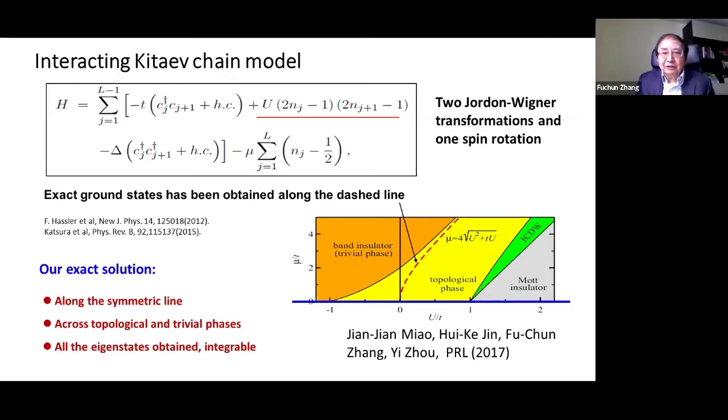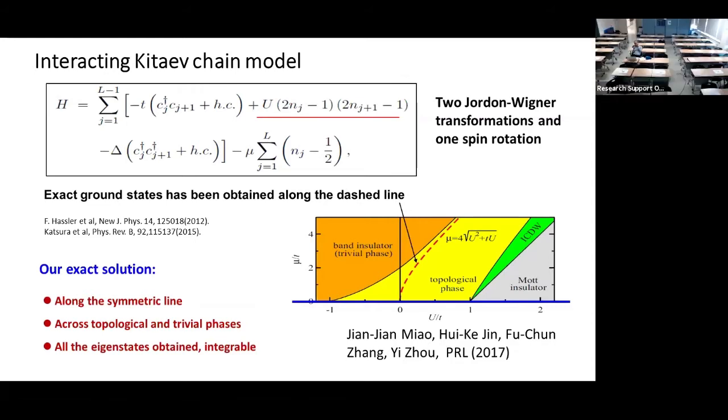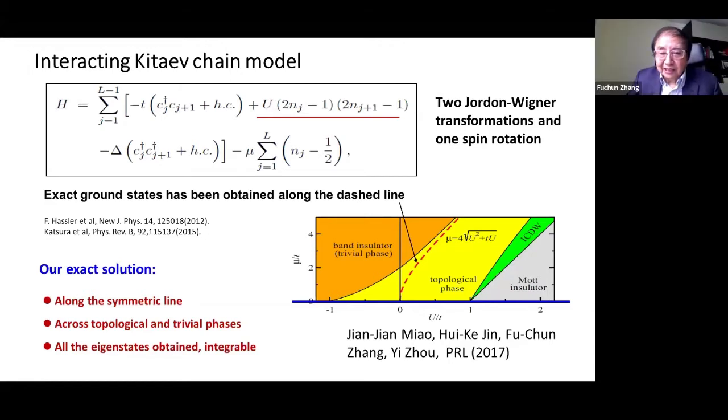Like the usual Jordan-Wigner transformation has been used, and also in the language of Majorana particles instead of Dirac particles. Then second question: this interaction U is not on-site repulsion, it's nearest neighbor. How did you get Mott insulator from this? I will explain that. Why call it Mott insulator?